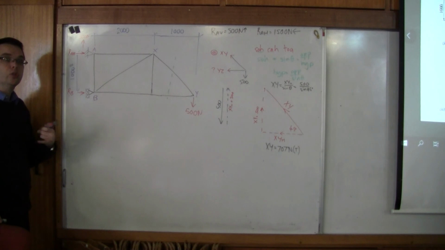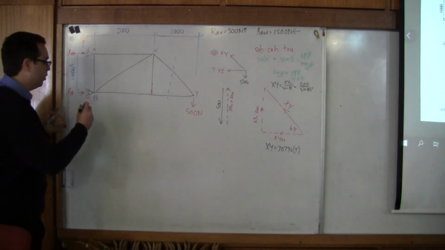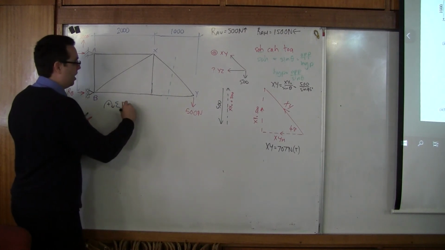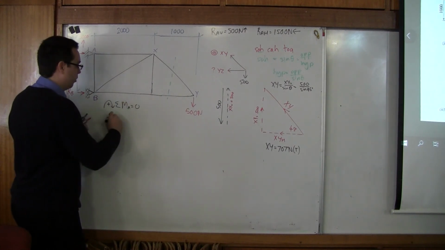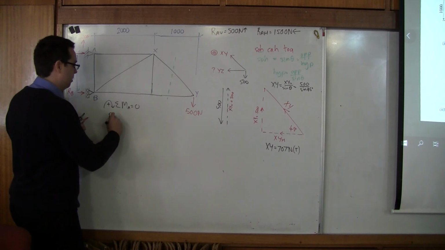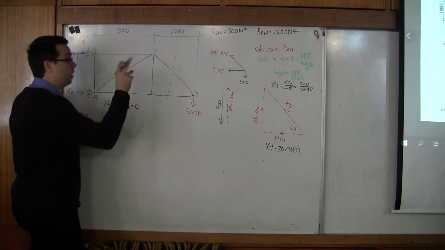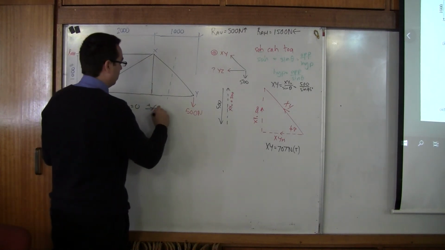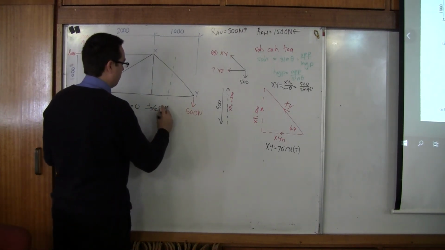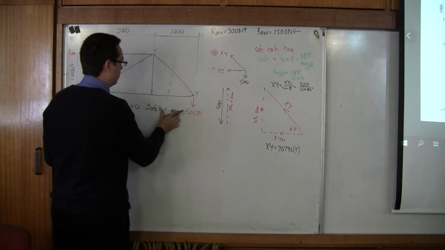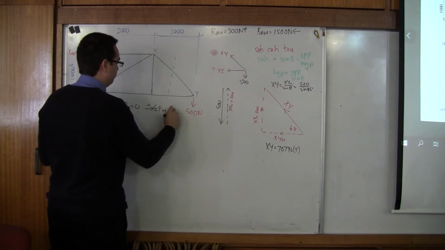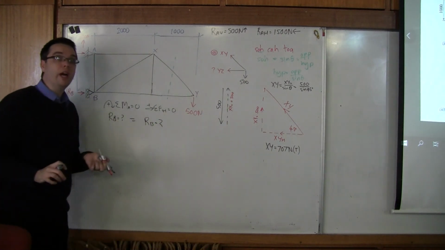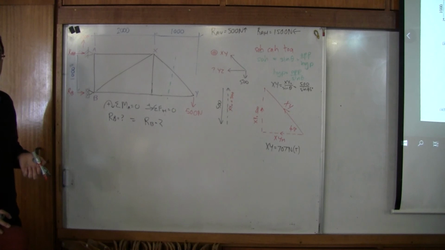You could calculate the sum of the moments about A equals 0. That will find for you RB equals something. And then you'll have to see if RB equals something when you match the sum of the forces horizontally. If those two values for RB match, then you know that you've done it correctly.